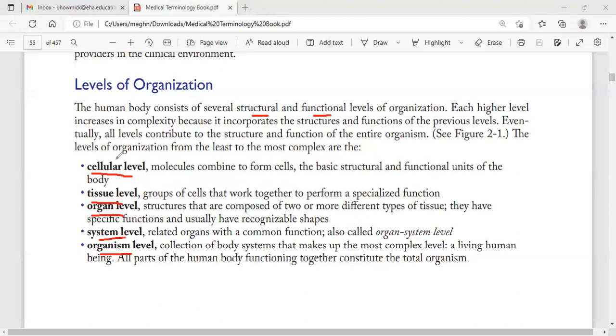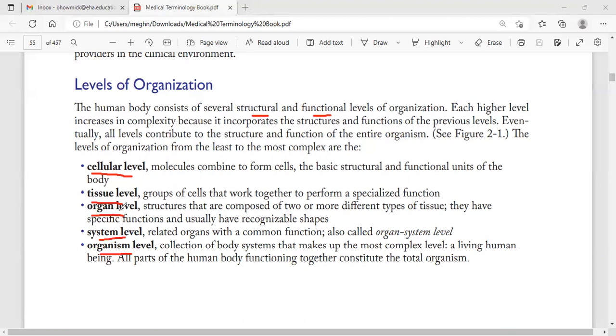So the basic unit is a cell. They said molecules combine to form the cell, the basic structural and functional unit of the body, right? And they make a tissue. And tissue is a group of cells that work together to perform a specialized function.